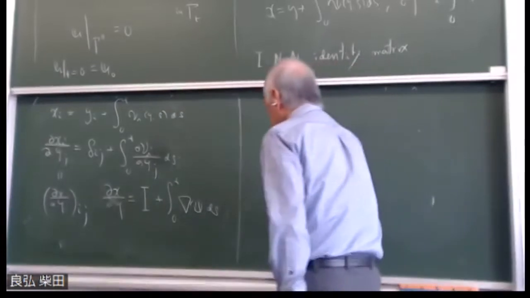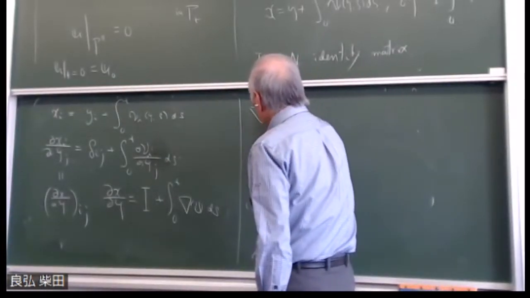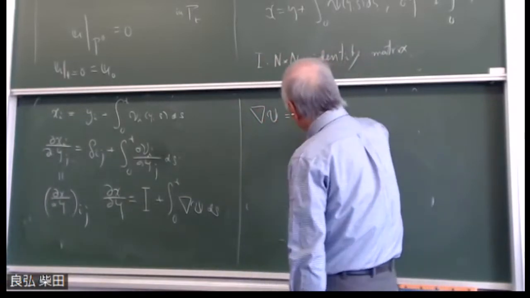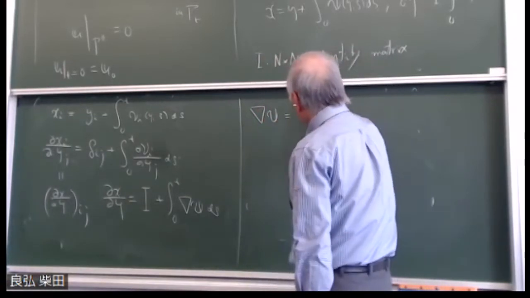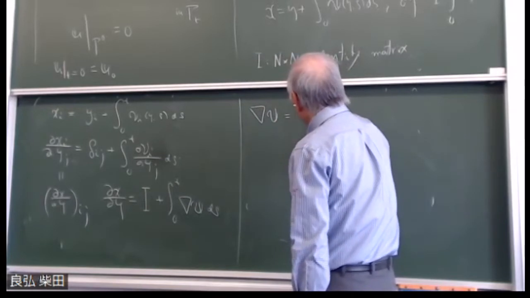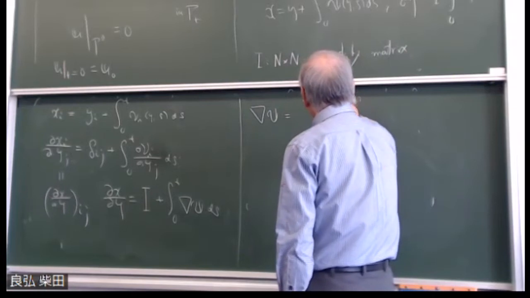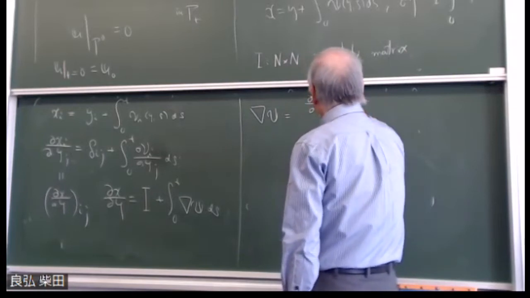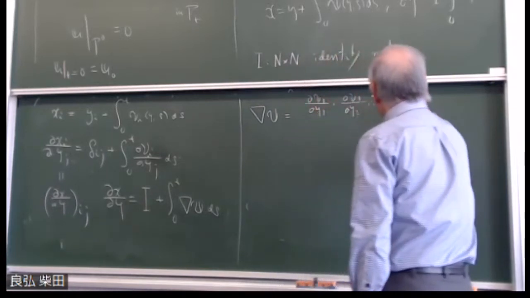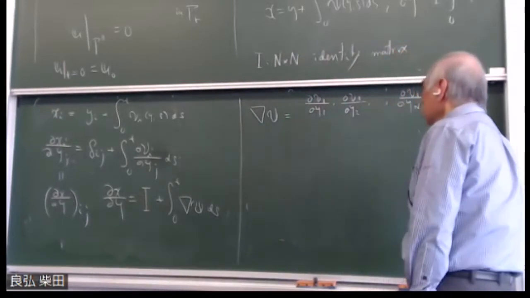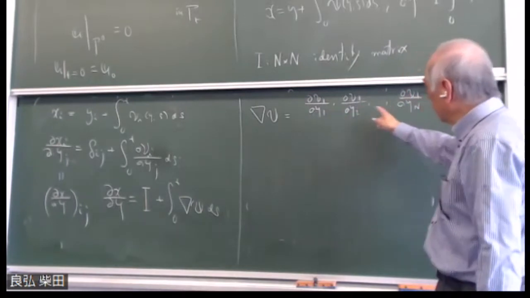And here the gradient of b is usually this. I forgot the English. This way: y1, b1, y2, b1, up to y_n, b1. Differentiation is this way.